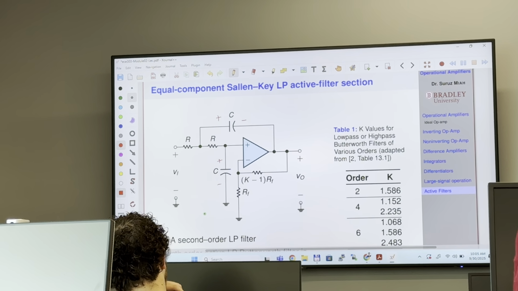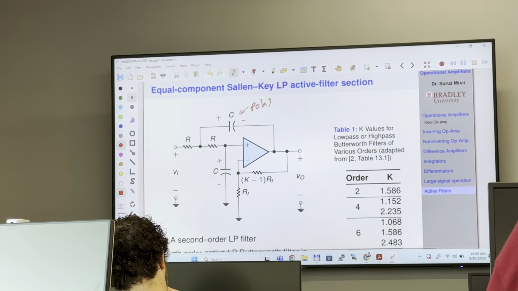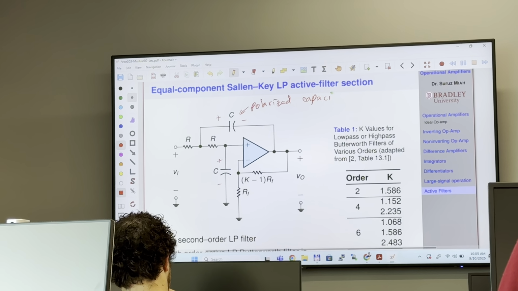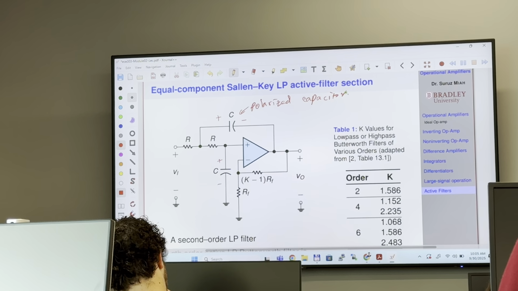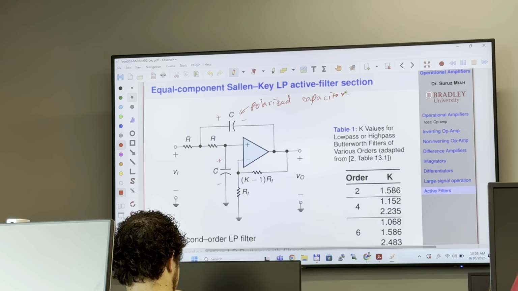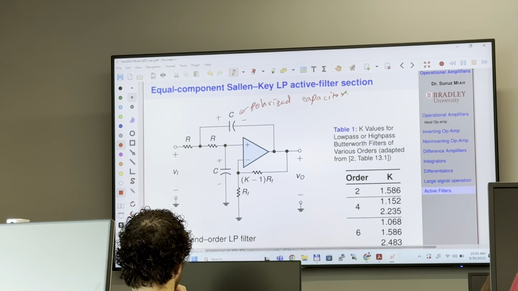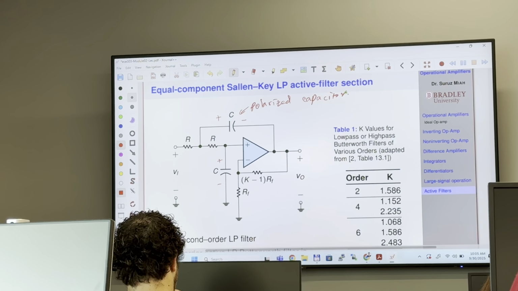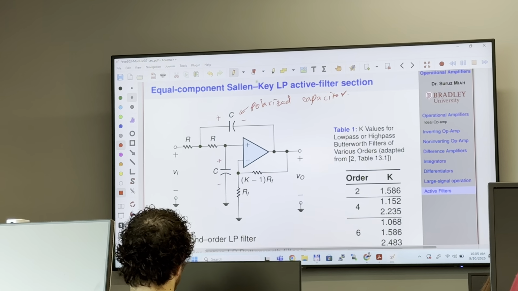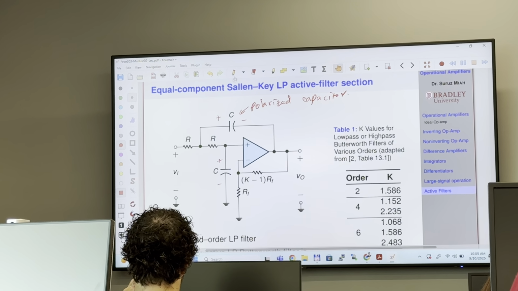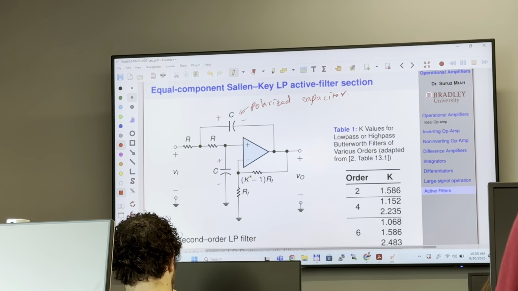The capacitors that you used in the lab, guys, in 221 you should have got some capacitors as well.